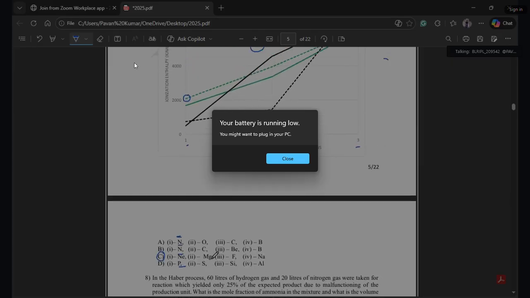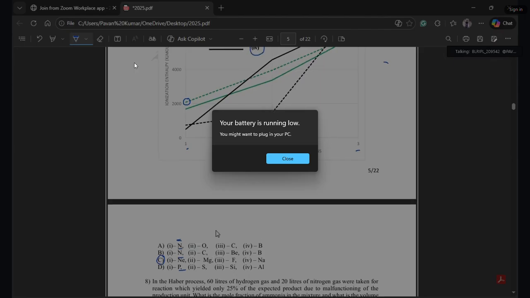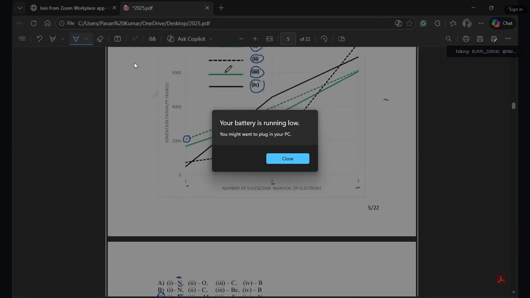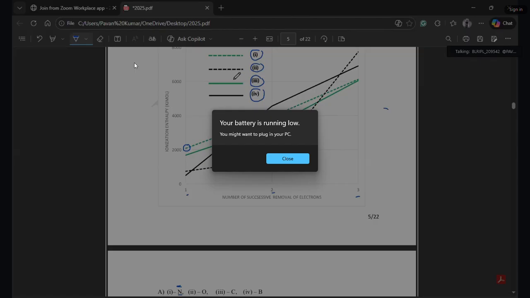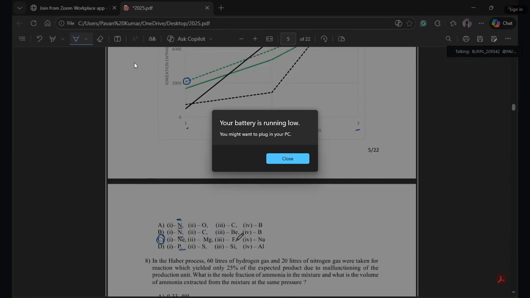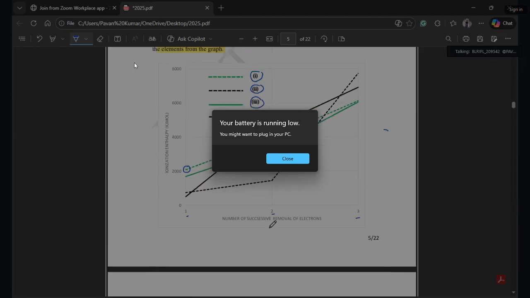Okay. And what they mentioned for the second is magnesium. Okay. What does second mean? Here, the black color dotted line. Okay. See now, if you observe the next one, the third one is fluorine, the fourth one is neon. So this is sodium, suppose. The third one is fluorine, and this is magnesium, and this is neon, correct.